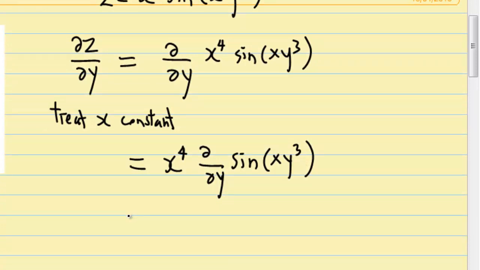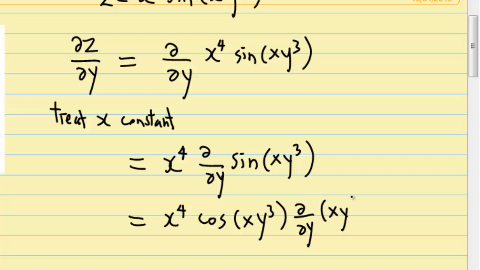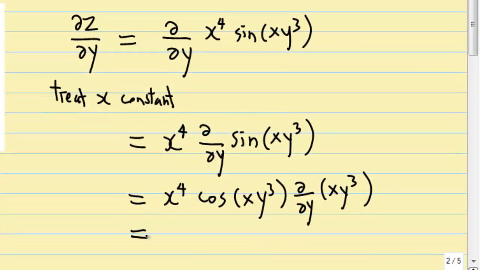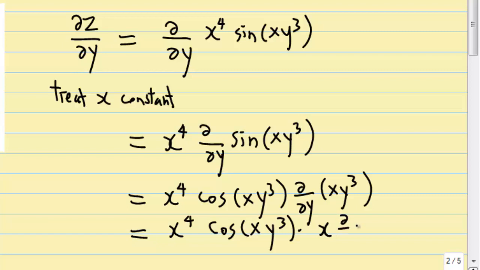Using the fact that differentiate sine of y, you get cosine of y, therefore, this is cosine of xy cubed now, and then apply the chain rule, differentiate xy cubed with respect to y. Pull out the constant x again. When you do the partial differentiation, you have x times differentiation of y cubed with respect to y.